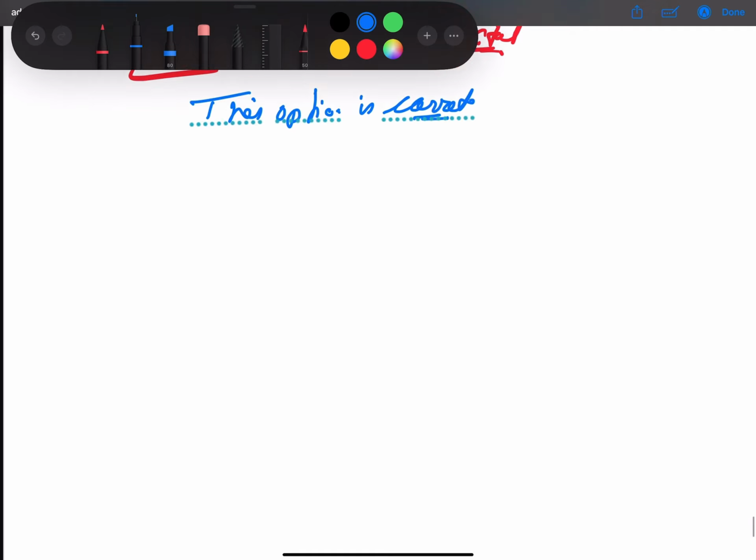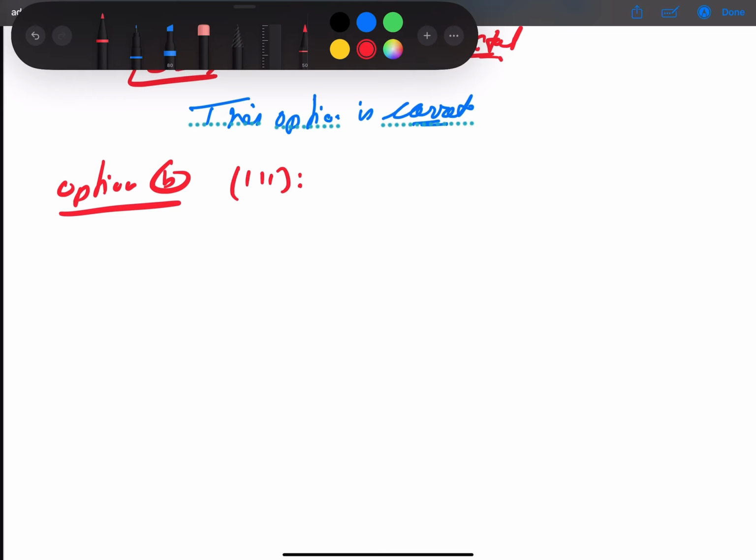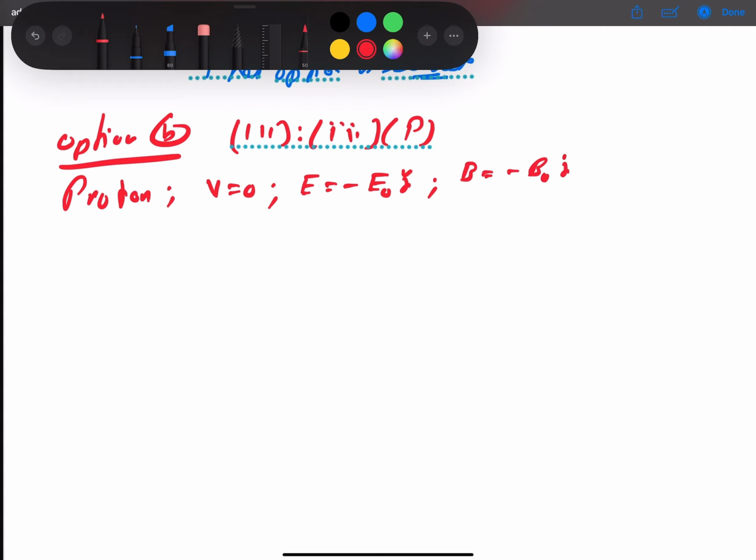Similarly, we come to option B. Option B gives us that the third matches with option third, and the alphabet is P. And here we have a proton, velocity v is 0, electric field is minus E naught X unit vector, magnetic field is minus B naught X unit vector.